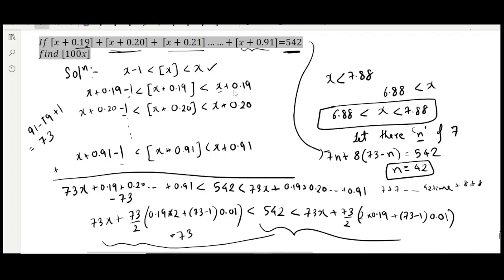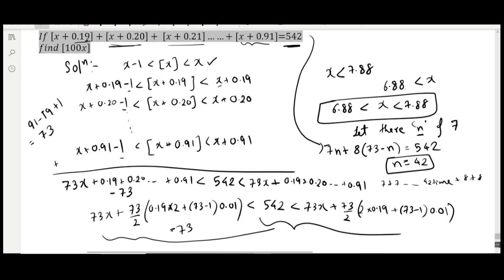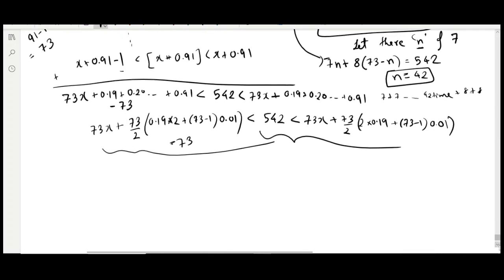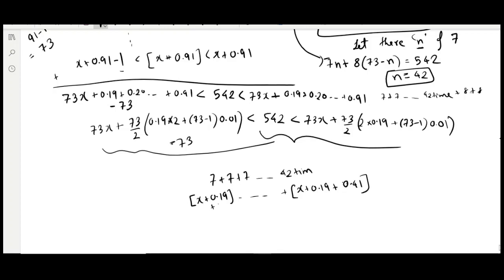So what we can see here is the last term of the question. As we are getting 7 for 42 times, the first term was x plus 0.19, and the 42nd term would be x plus 0.19 plus 0.41, as it is starting from 0, so from 0 to 0.41 there will be 42 terms, right?